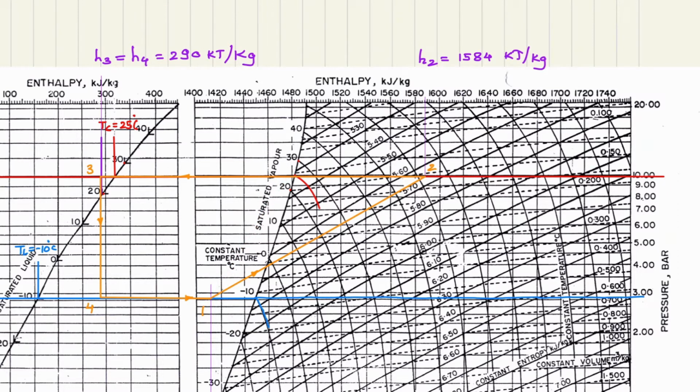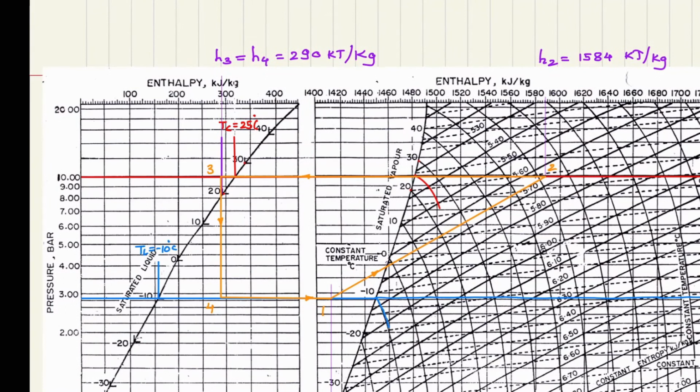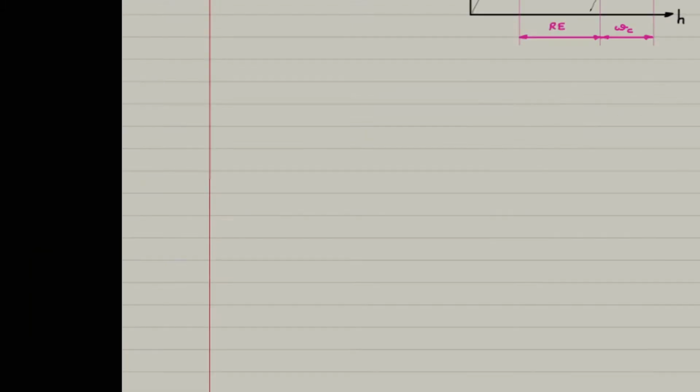So in that ASHRAE chart you can draw, but we are not using that chart. Why? We had seen the reason, because this jump is very significant, so it will give us error when we are calculating. So we are using this pH chart from Mathur and Mehta. In this case, the isentropic curve is not visible over here. So that is why we are solving by table. So we'll go back to the question.